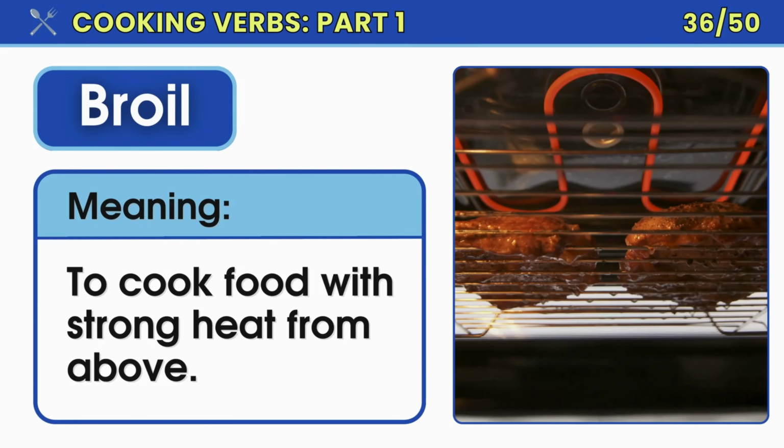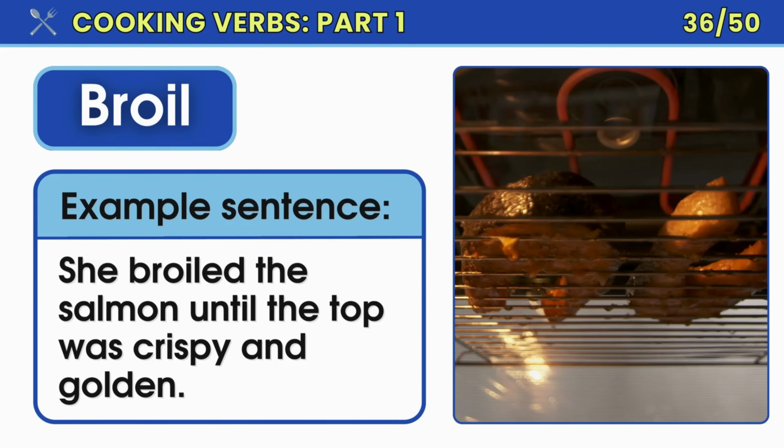To broil means to cook food with strong heat from above. For example, she broiled the salmon until the top was crispy and golden.